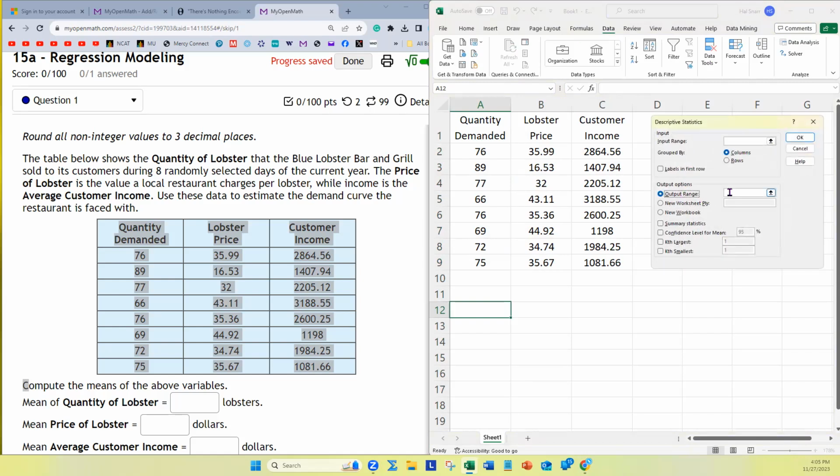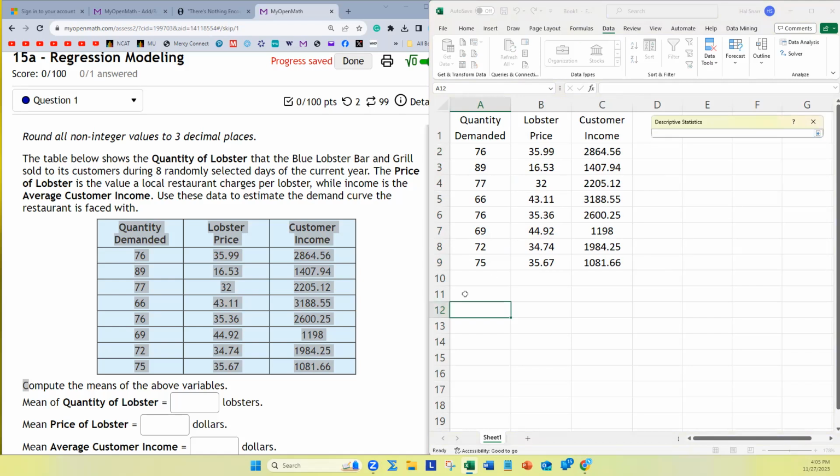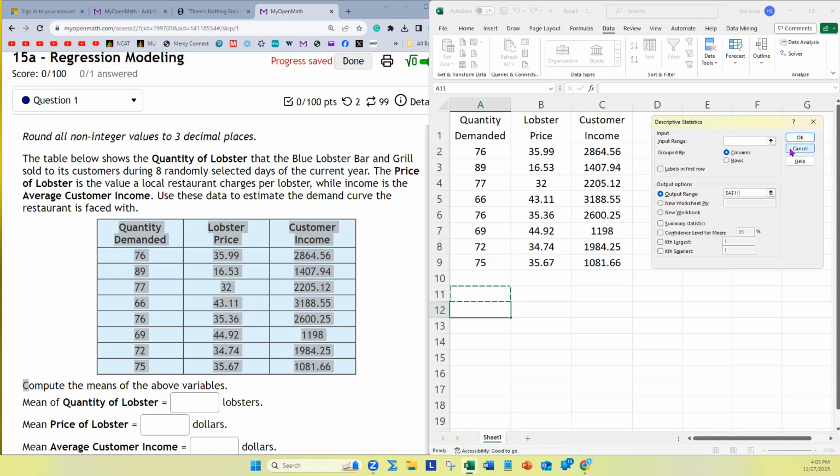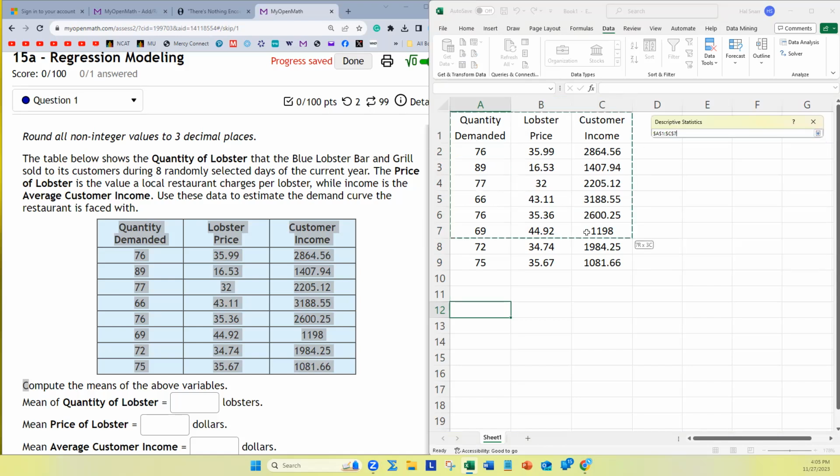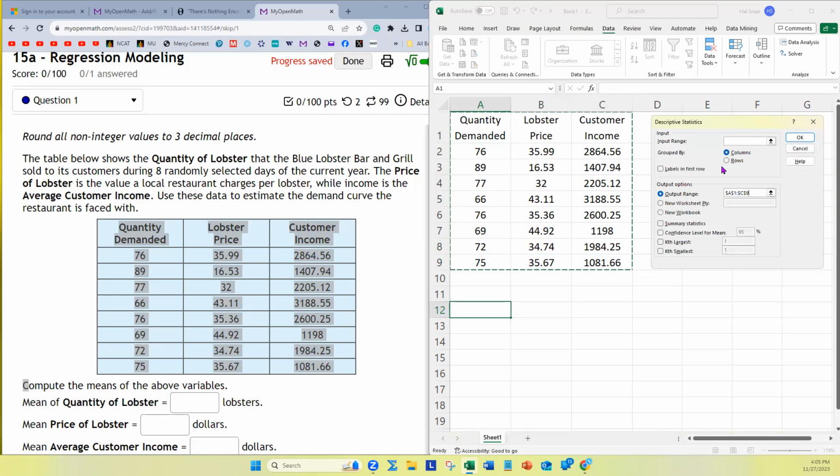I'm going to click on output range. Click on that white box right there. And then I'll put the descriptives right here. And then group by columns. So group by columns, click labels, and then hit OK.